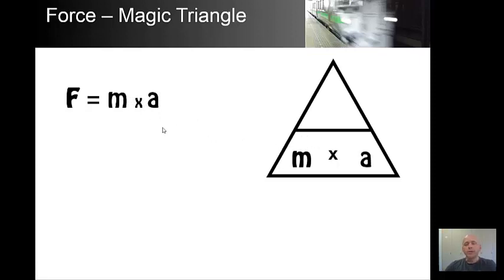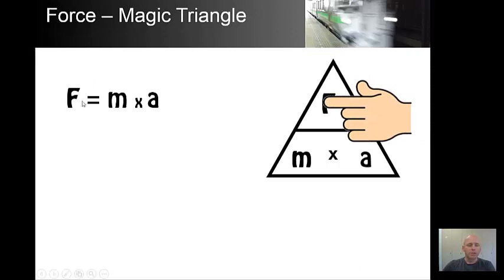In your exams, you will get the formula, but you won't get this magic triangle, so you have to know how to make this magic triangle. So there's only one space left, and that's force. We move that over there. So there's our triangle. And we can double check this. If we cover up F, we can see that F equals m times a, just as it is here.